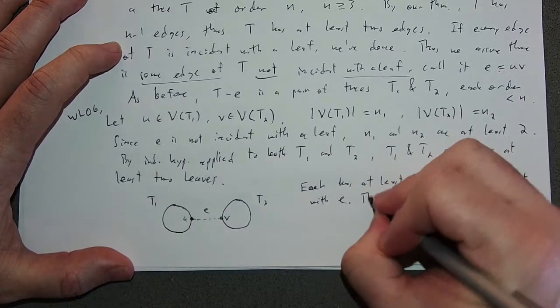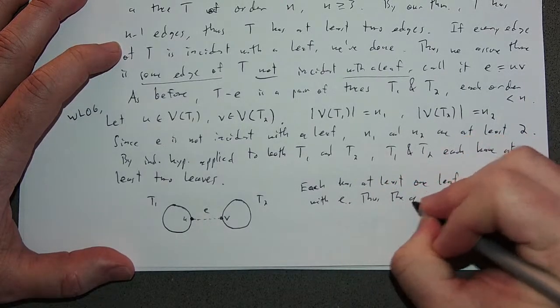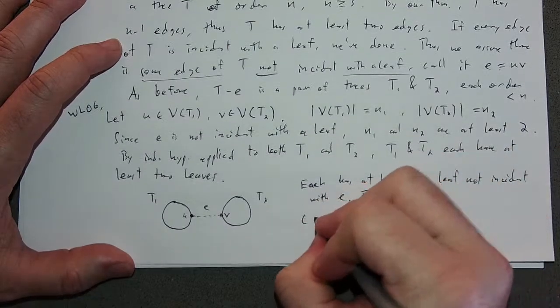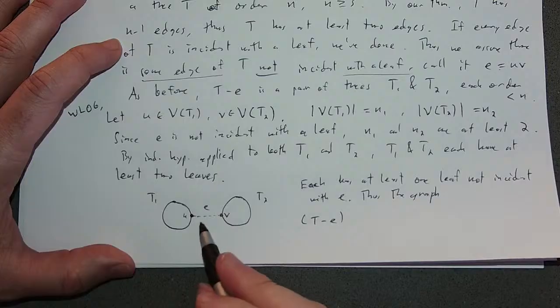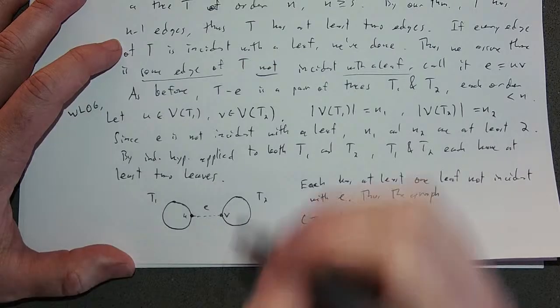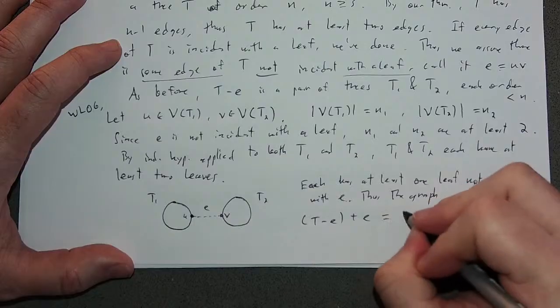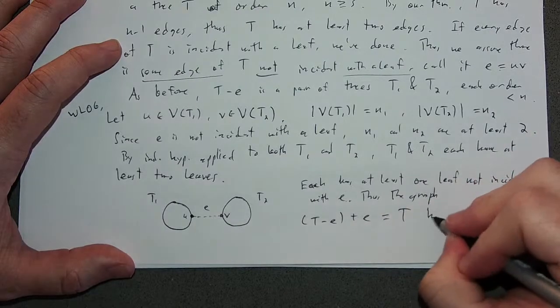Thus, the graph T minus E, where I've removed the bridge and then added it back in, that's just T, has at least 2 leaves.